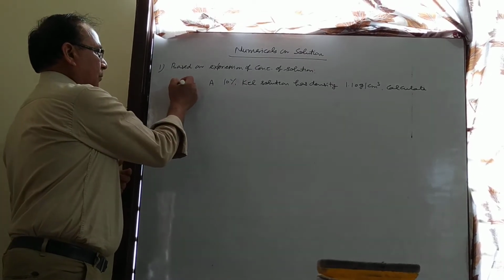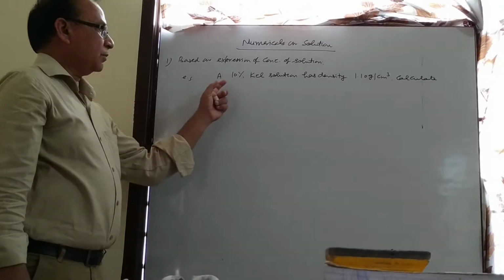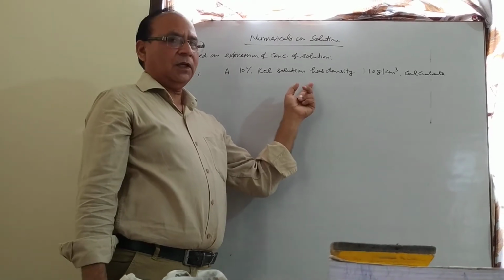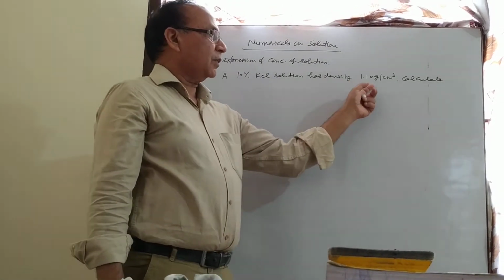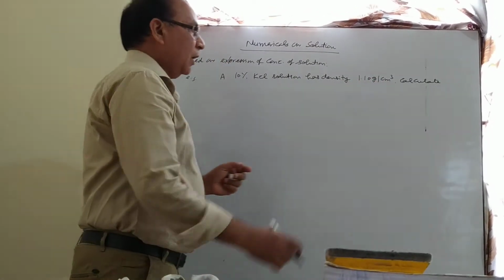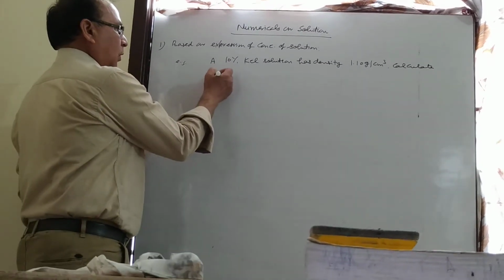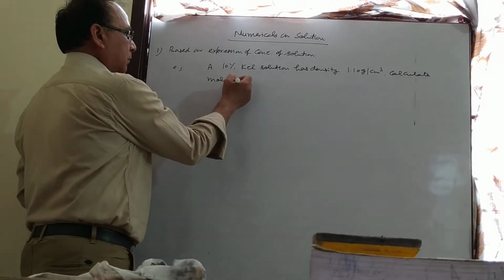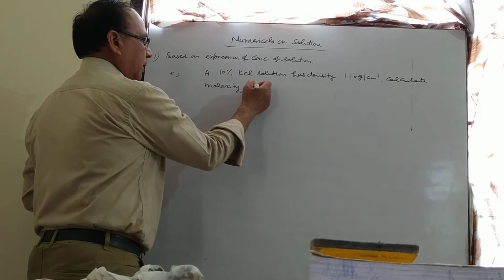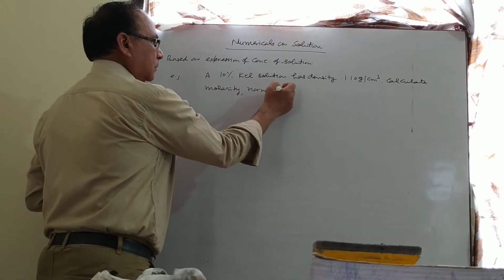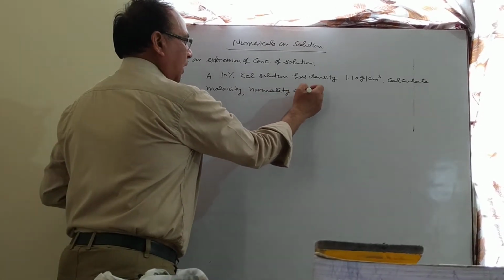Example 1. A 10% KCl solution has density 1.1 gram per centimeter cube, and we have to calculate molarity, normality and molality of solution.